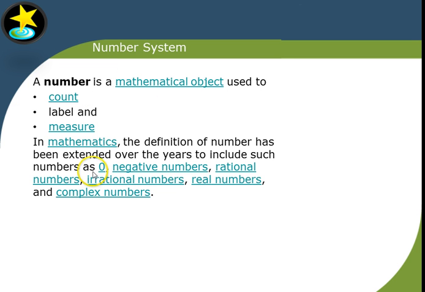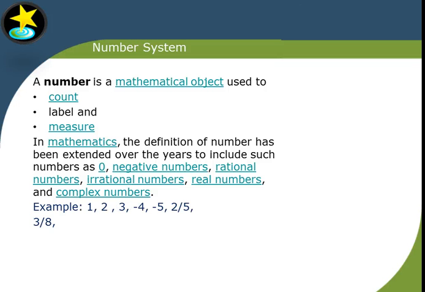So what you see as part of number system: 0, then negative numbers, then rational numbers, then irrational numbers, then real numbers and complex numbers. Complex number is not part of the discussion for this session. We'll talk about it when we move on to other discussions. But for now, this was just for an understanding that there is something called complex number or imaginary number, which also is part of the number system.